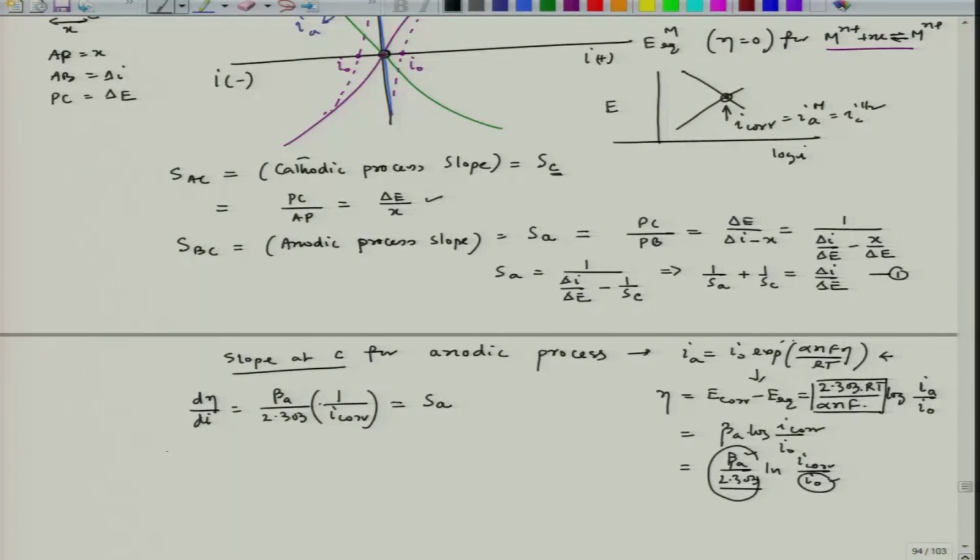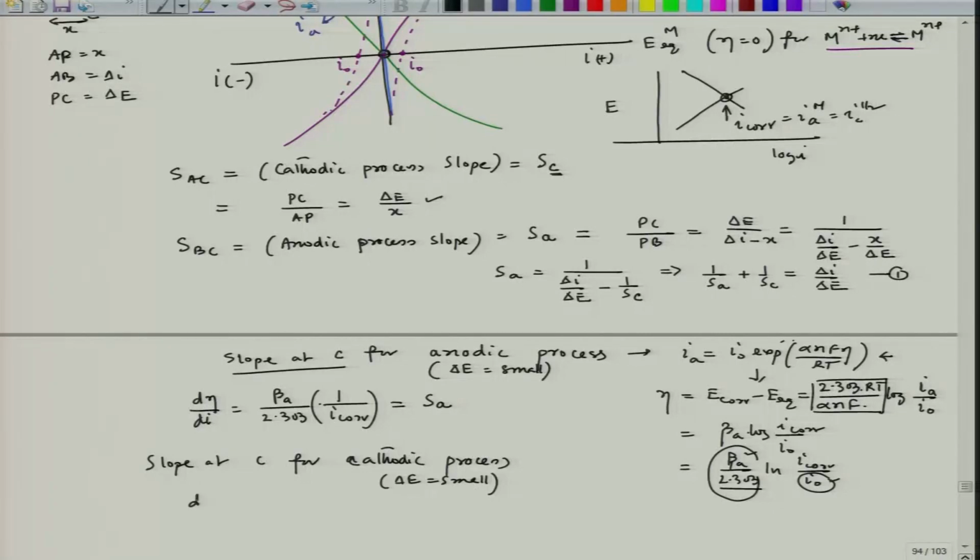Similarly, slope at C for the cathodic process. And here one more rider is when ΔE is equal to small.